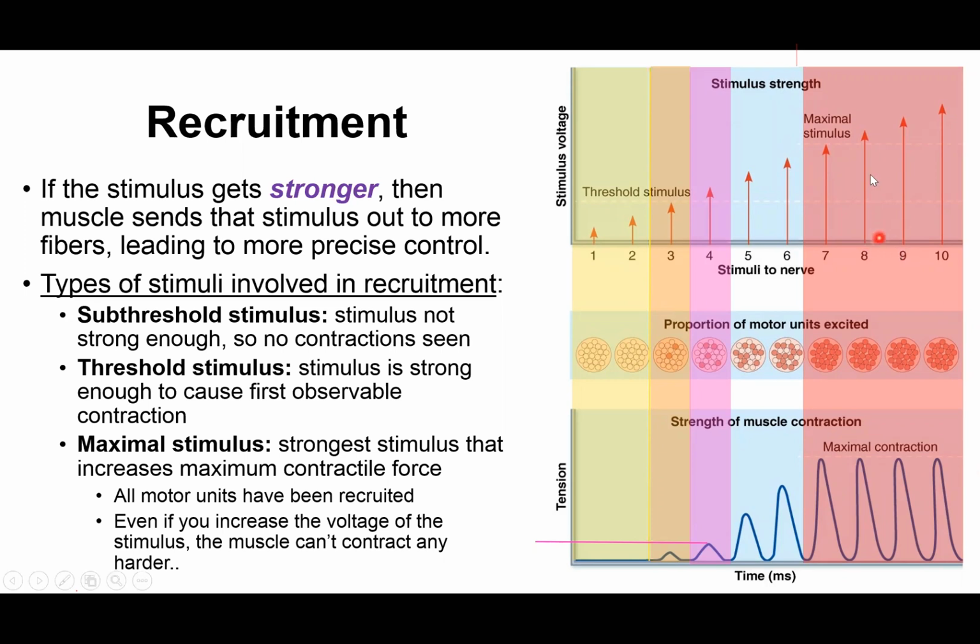The important thing to note here is that even by increasing the strength of the stimulus, so even by increasing the voltage, see this is stepping up step by step here, it doesn't result in any stronger contraction, right? Once we hit this maximal area and all of our fibers are contracted, we don't have any more fibers to contract, so we can't possibly have a stronger contraction.